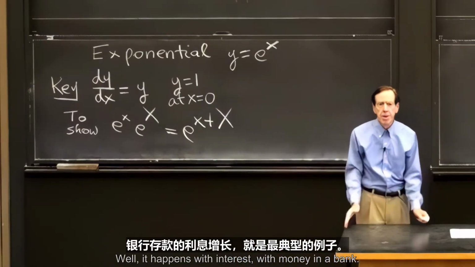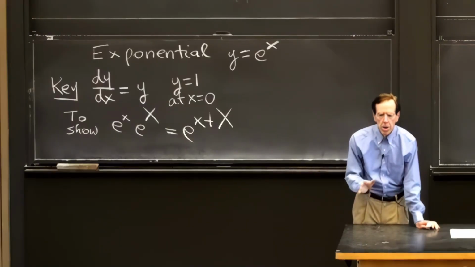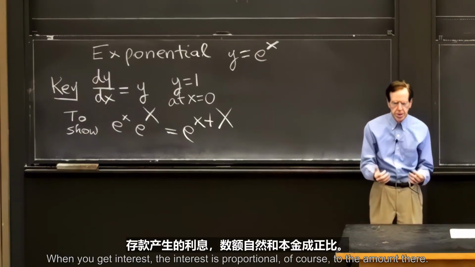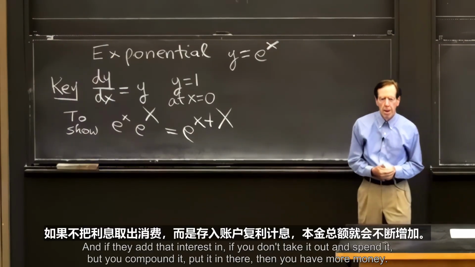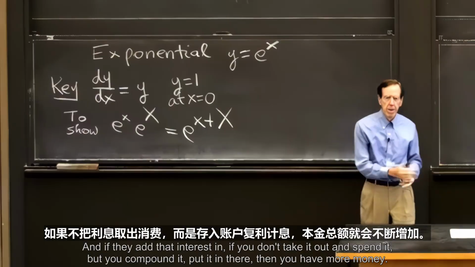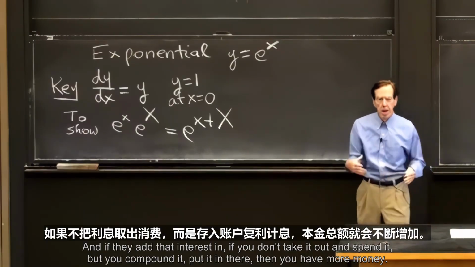It happens with interest, with money in a bank. When you get interest, the interest is proportional, of course, to the amount there. And if they add that interest in, if you don't take it out and spend it, but you compound it, put it in there, then you have more money.